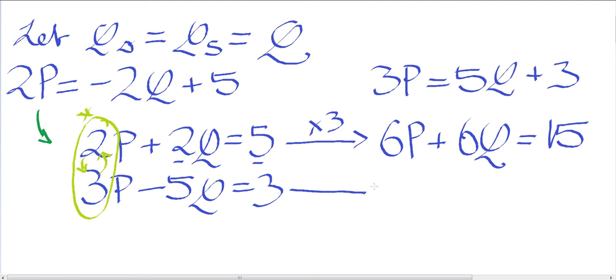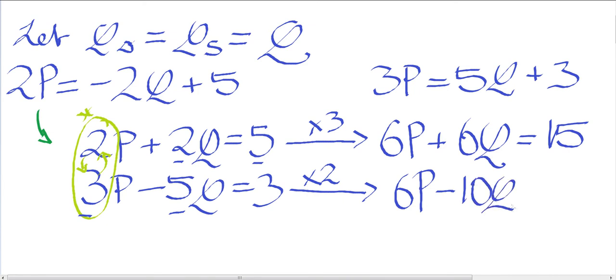Now for that equation, I'm going to multiply it by 2, the top number. So I'll have 2 by 3 is 6, and I can see that they're matching, 6p. 2 by 5, but there's a minus, so it's minus 10q. And 2 by the 3 is the 6.